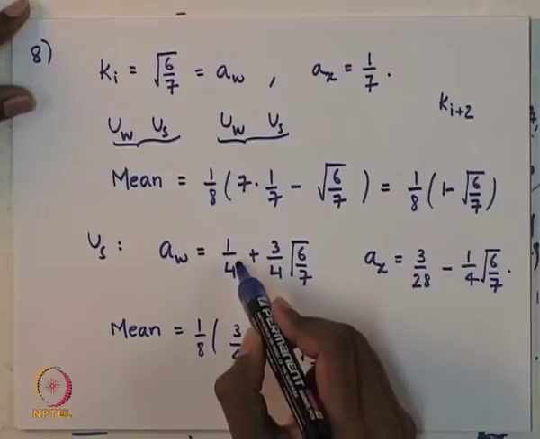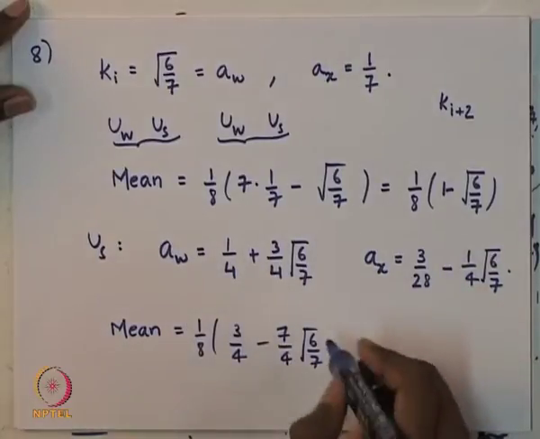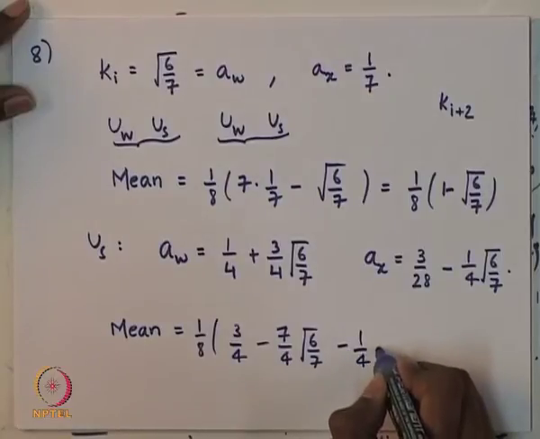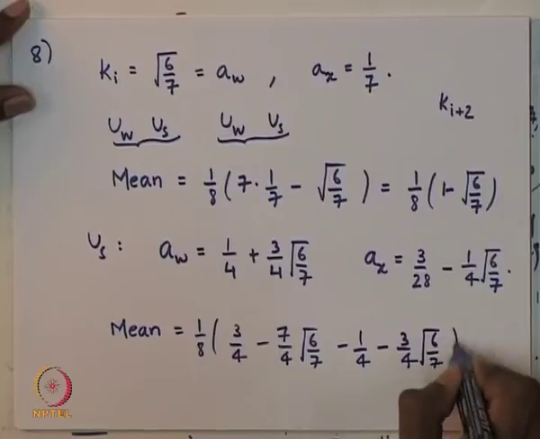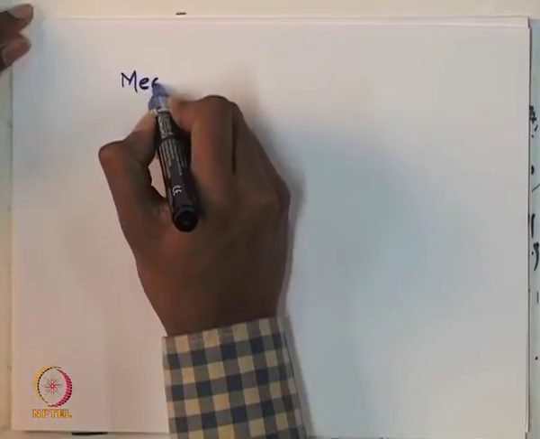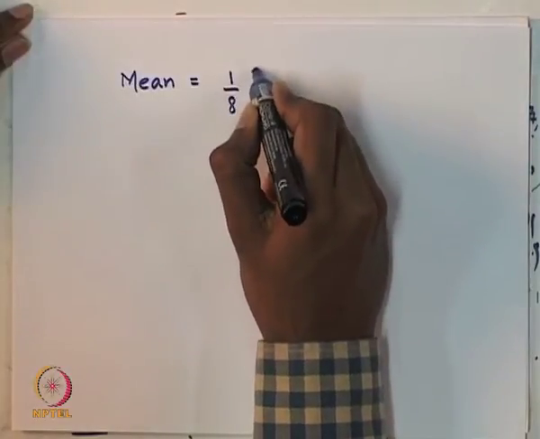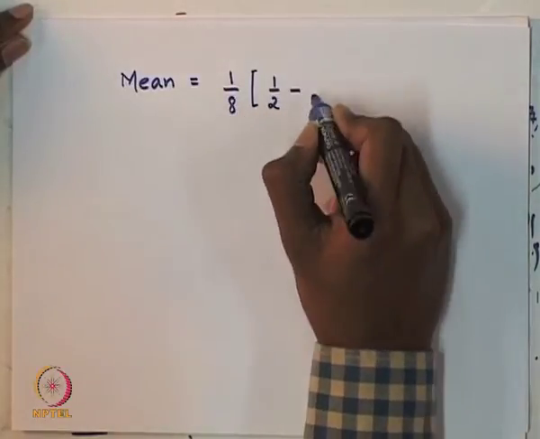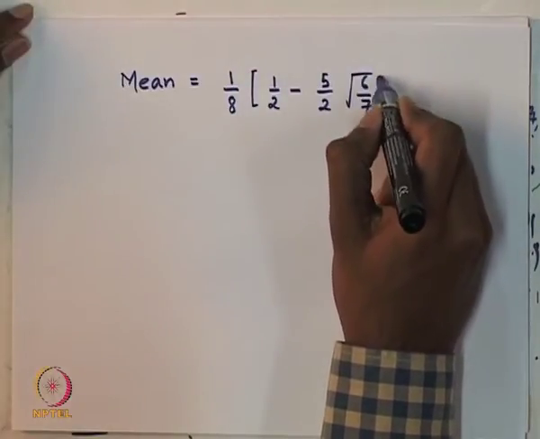So applying UW makes AW to minus AW, which makes it minus 1 by 4 minus 3 by 4 root 6 by 7. So mean in second iteration is 1 by 8 times half minus 5 by 2 times root 6 by 7.